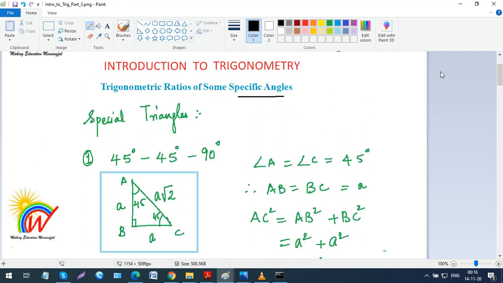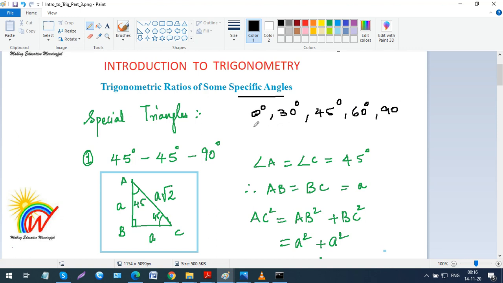We can't solve for all the angles, right? There are other ways of solving it, but right now we'll just learn to find the ratios of specific angles: 0 degree, 30 degree, 45 degree, 60 degree, and 90 degree.